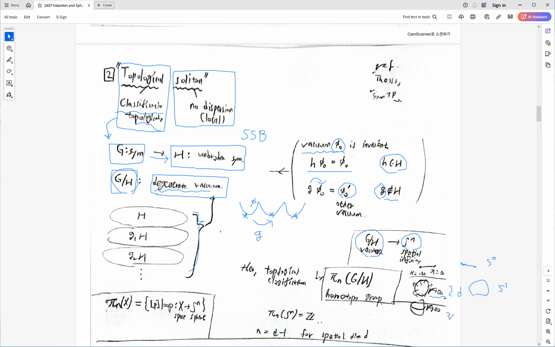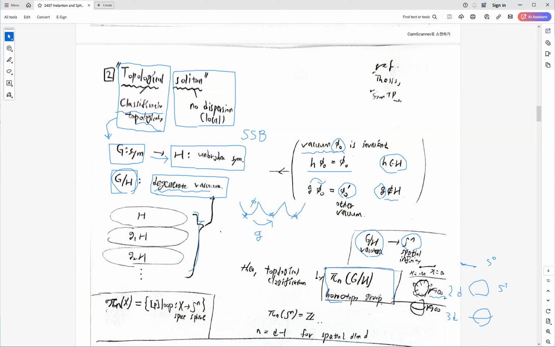And in 3D, R going to infinity corresponds to the sphere. So the point is that we should assign a mapping between the spatial infinity S^n and the vacuum G over H. And such a mapping can be classified by the homotopy groups, which is denoted by pi n of G over H.